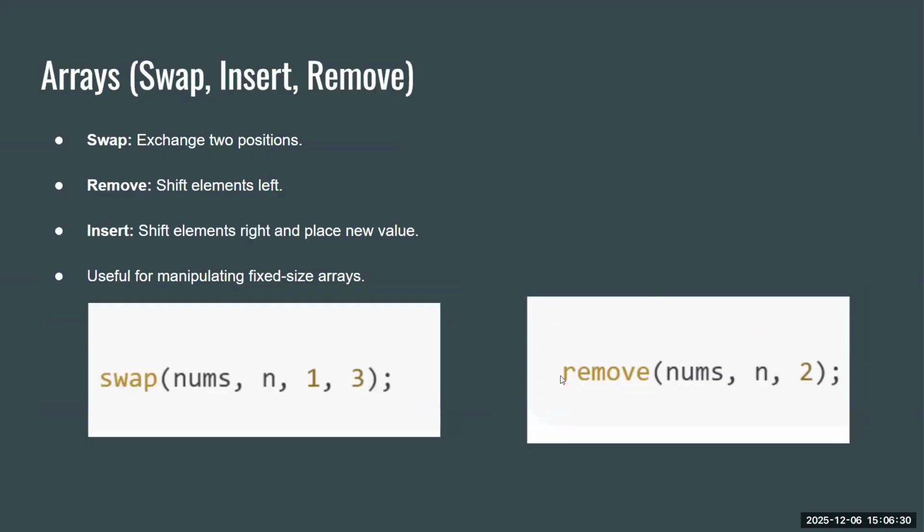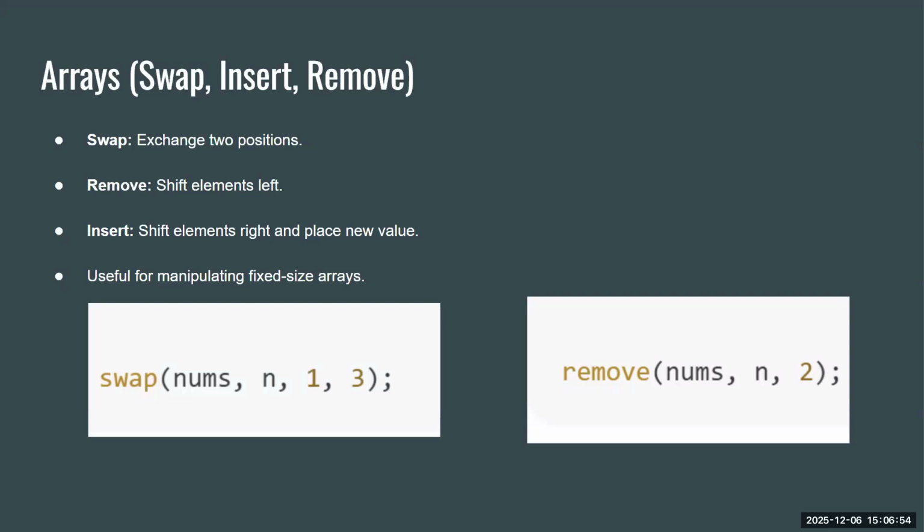Yeah. This section focuses on three essential array operations: swap, remove, and insert. Since arrays have a fixed size, none of these operations actually change the array's length. Instead, they work by manipulating or shifting elements. Swap simply exchanges two values using a temporary variable.